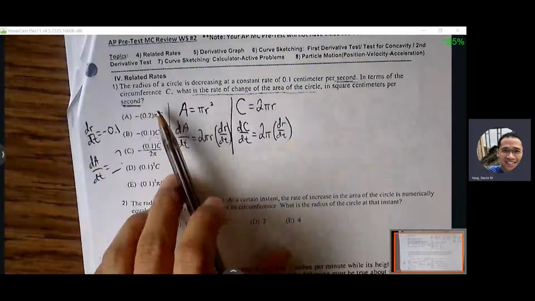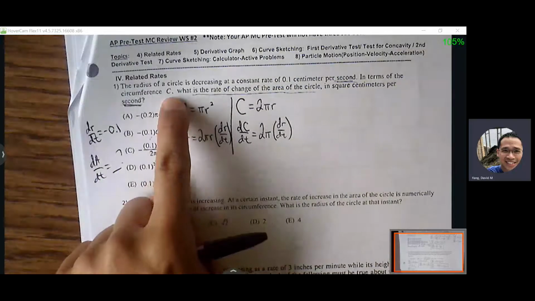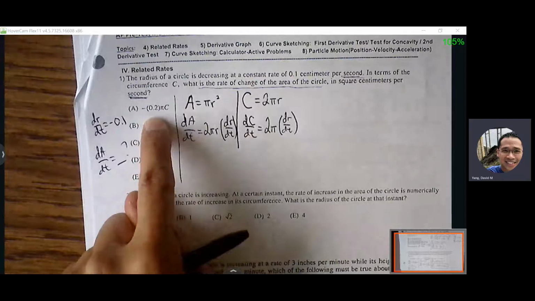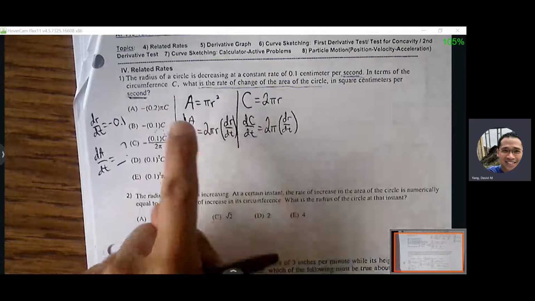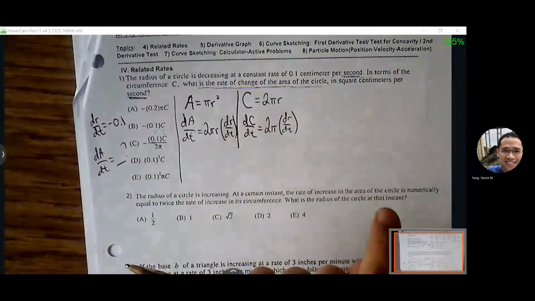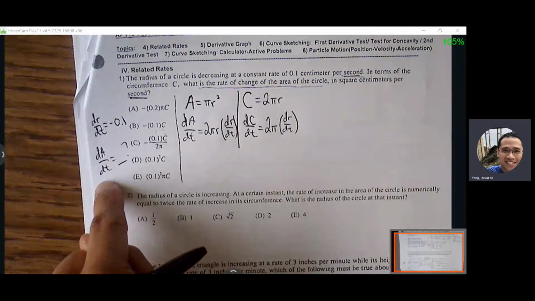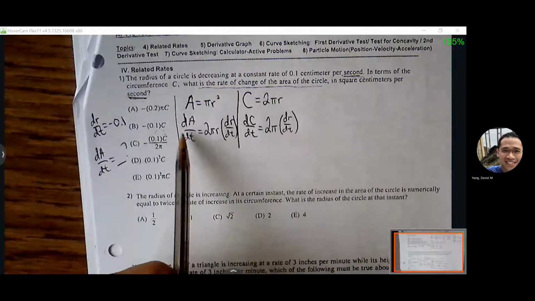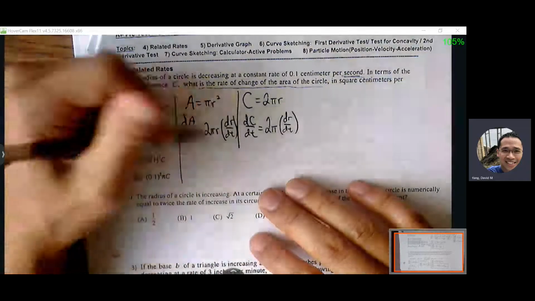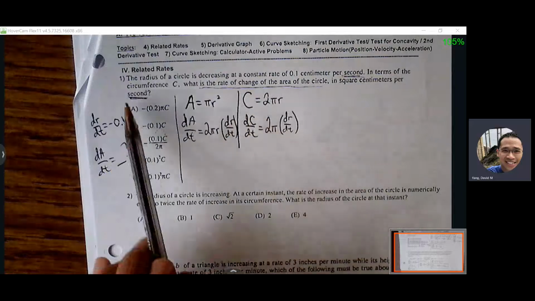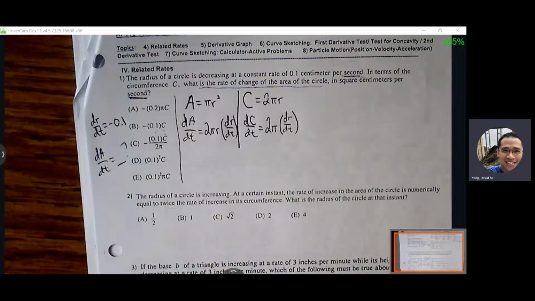If this doesn't make sense, it says in terms of circumference C, what does that mean? If you look at your answer choices, you can understand why. So we want to find a way to involve C in the dA/dt that we're looking for. Do you see a way that we can work the variable C into our answer? Yeah, substitute.